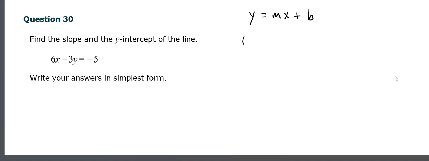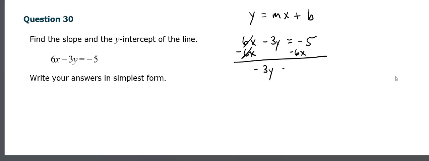So our equation is 6x minus 3y equals -5. So we want to isolate the y. That means we need to move the x term from the left-hand side to the right-hand side by taking its opposite. So that would give us -3y equals -6x minus 5.